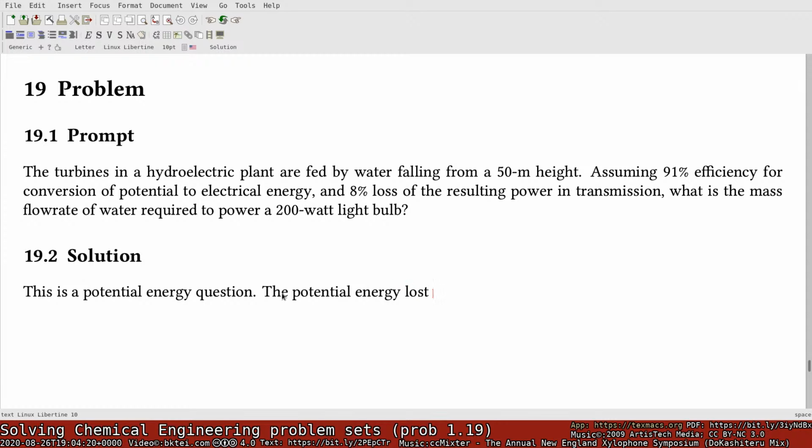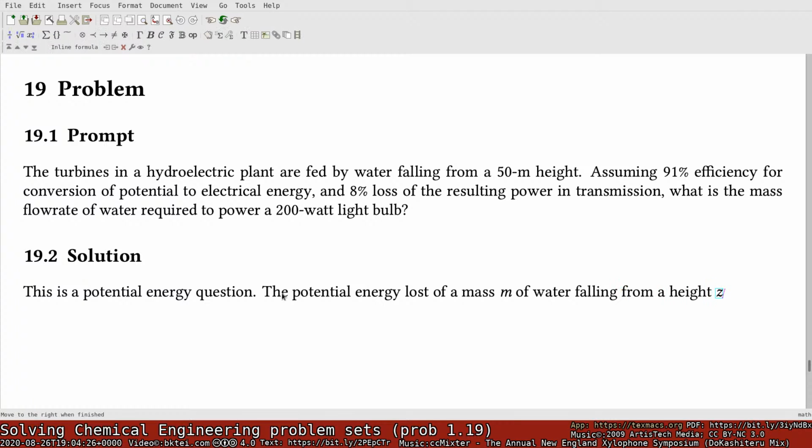The potential energy lost of a mass m of water falling from a height z, falling from an elevation dz.